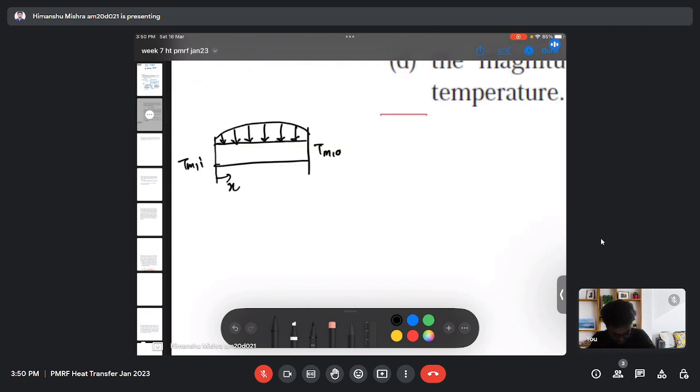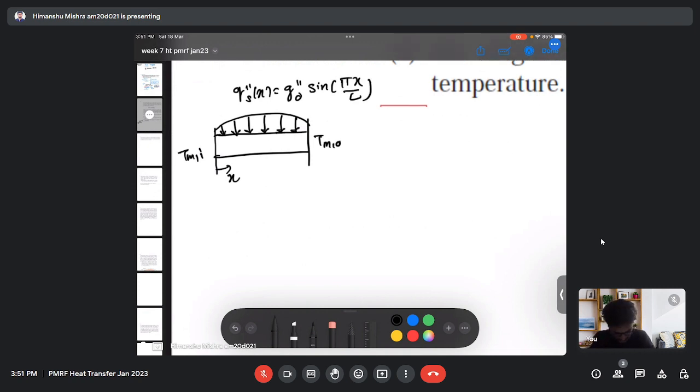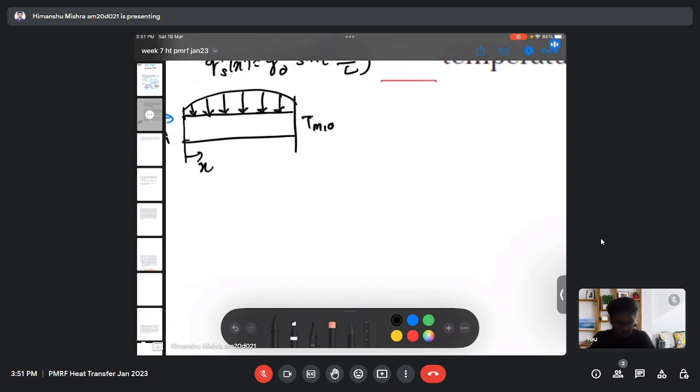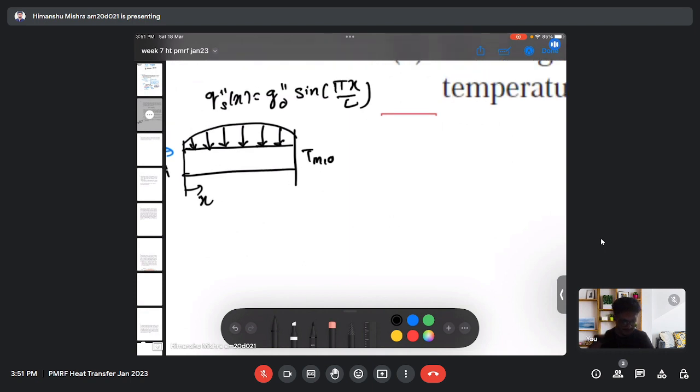So this is my heat flux, which is given as, and there will be an incoming fluid with mass flow rate m dot. First, we need to determine the total heat transfer, and for that, we already have the heat flux condition in terms of distance x. So my x is the horizontal distance here.